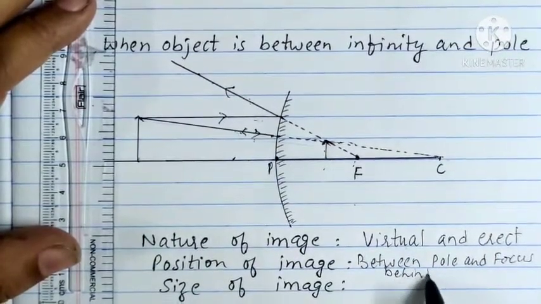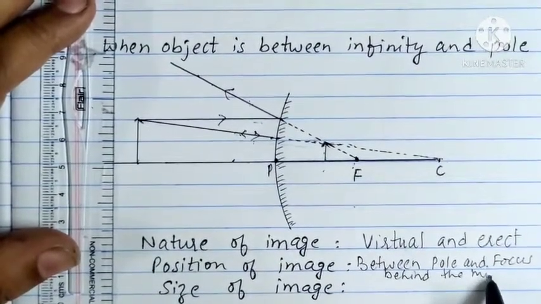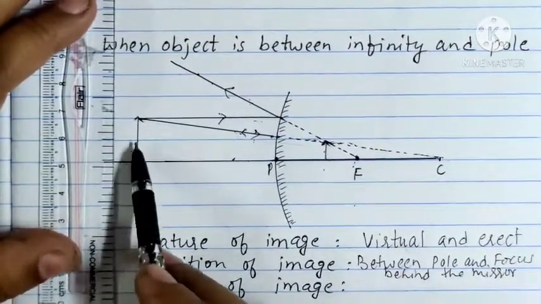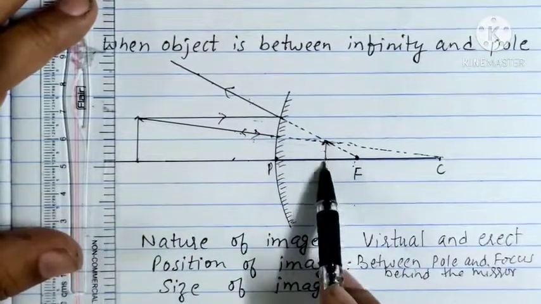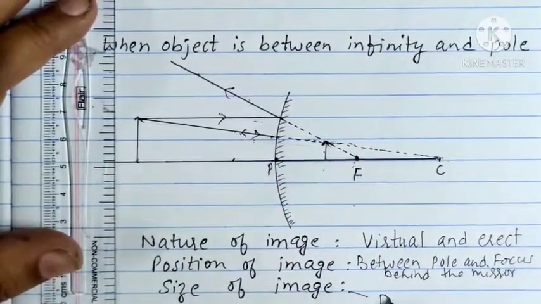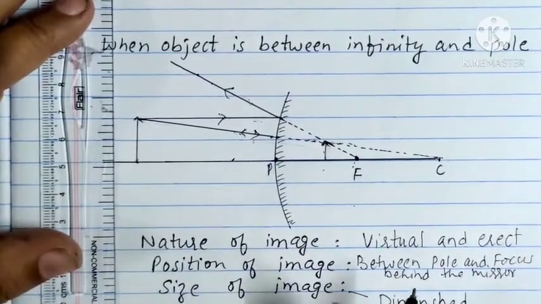Now the size of image: as you can clearly see, the object is bigger in size and the image is smaller, so the size of the image is diminished.